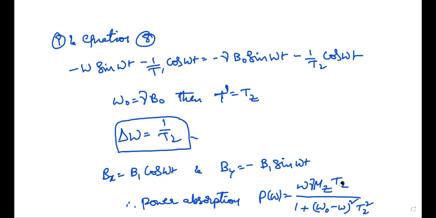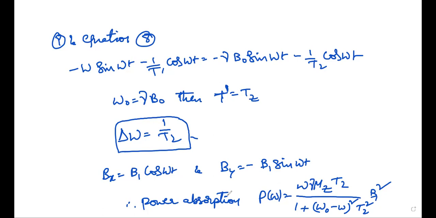So the power is omega gamma Mz T2 by 1 plus (omega naught minus omega) square T2 square into B1 square. This is the power absorption. So the Bloch equation can be solved to give the power absorption from the rotating magnetic field of amplitude B1.